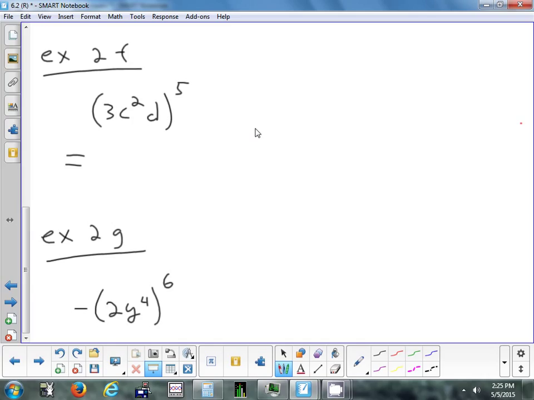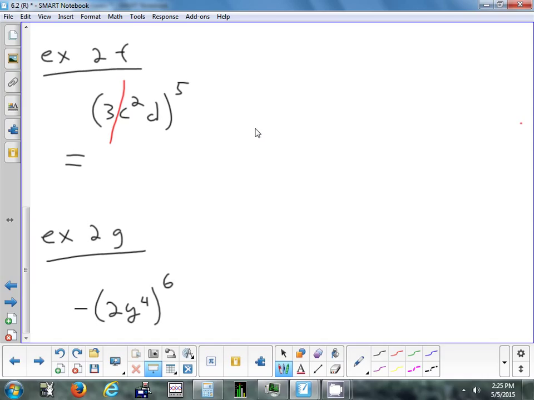Don't worry about this 5 just yet. I want you to remember what's on the inside. I have 3 things on the inside of that problem. What's one of them, Marcus? The base is 3. What's another thing that's in there?